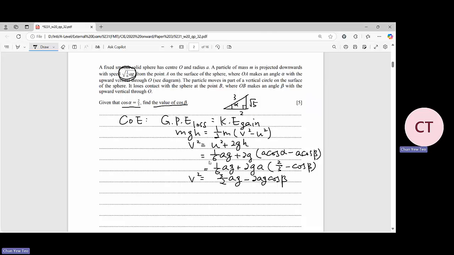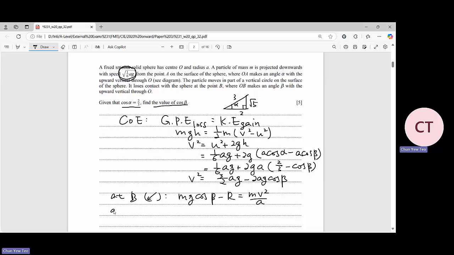Now what we need to do is to resolve the forces at B. At B, if you resolve the forces toward the center of the circle, you will get mg cos beta minus the normal contact force R is equal to mv squared over a.